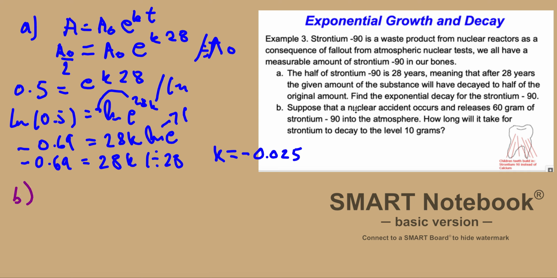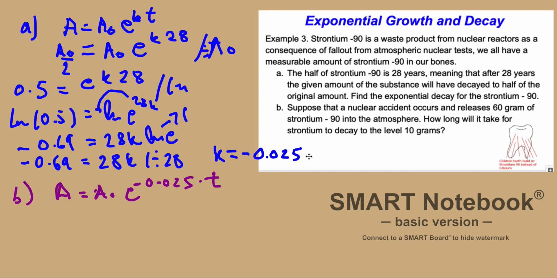B says, suppose that a nuclear accident occurs and releases 60 grams of strontium-90 into the atmosphere. How long will it take for the strontium to decay to 10 grams? So now we use this formula: A equals A0 times e to the power of the constant k, which is negative 0.025, times t.